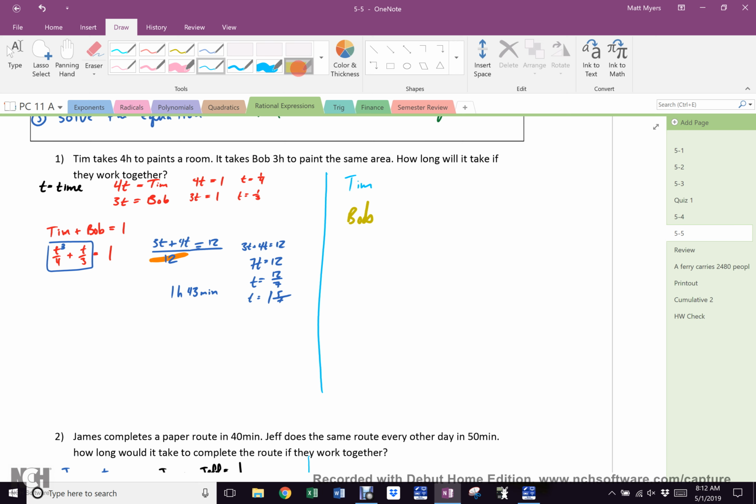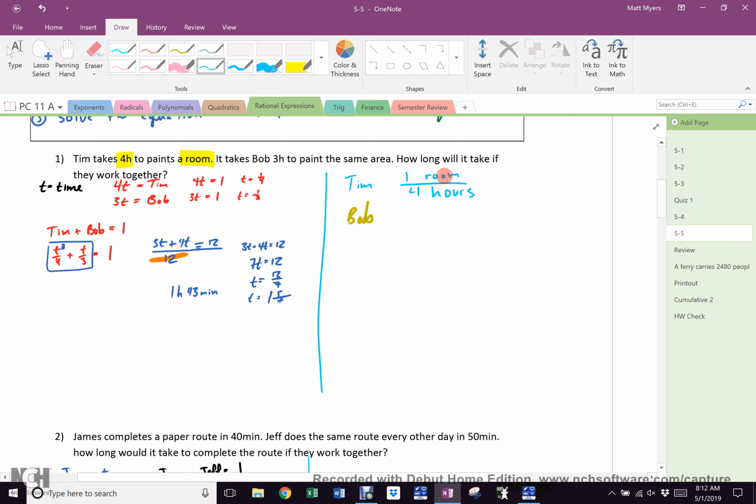Since we have a time and essentially a distance, don't we? What we really have there is a rate, like kilometers per hour, yeah? So what we have here is, and I'll use the blue for Tim, 1 room per 4 hours.